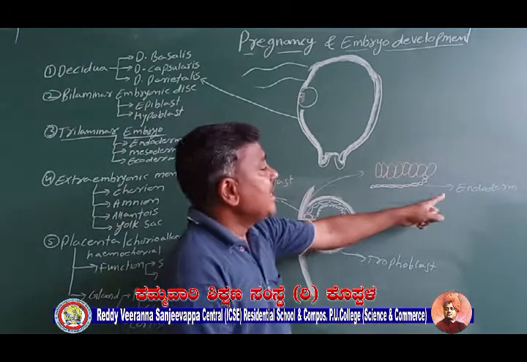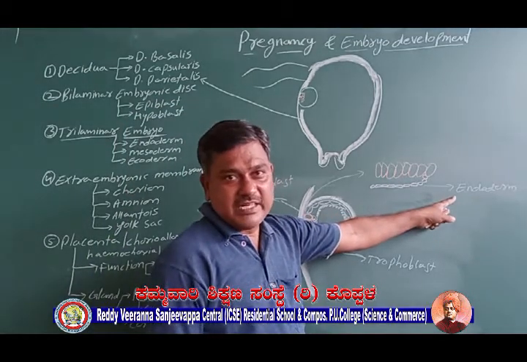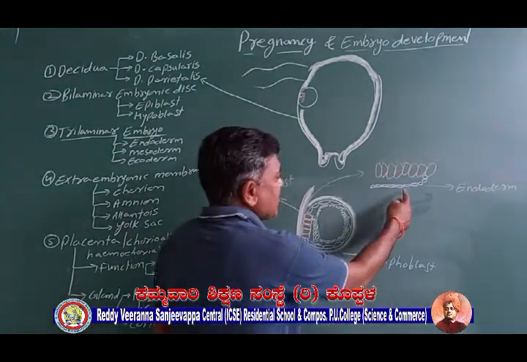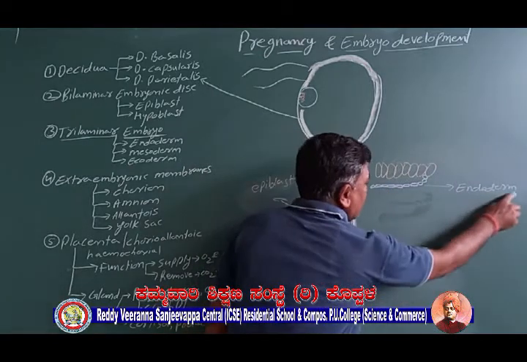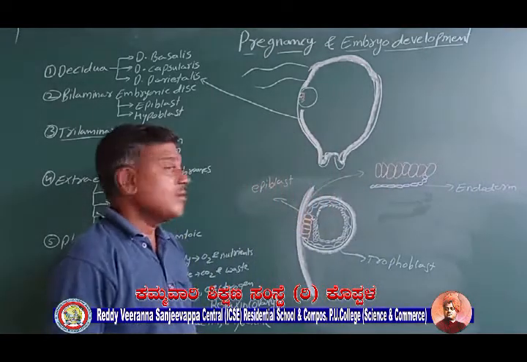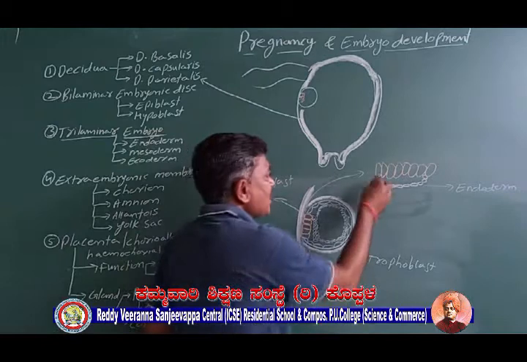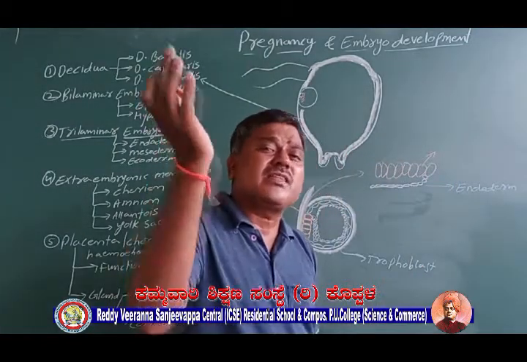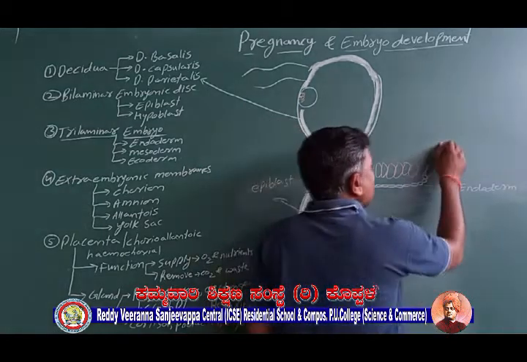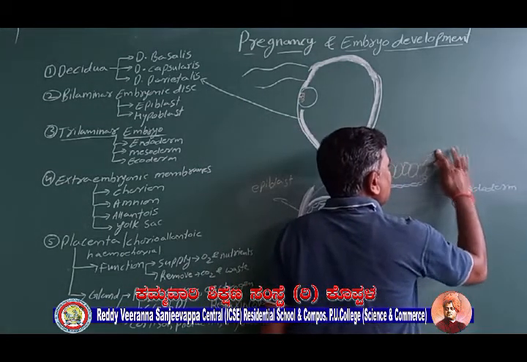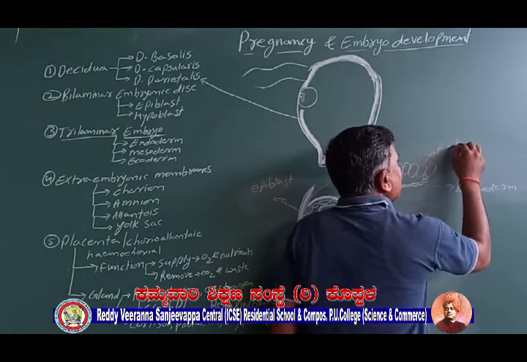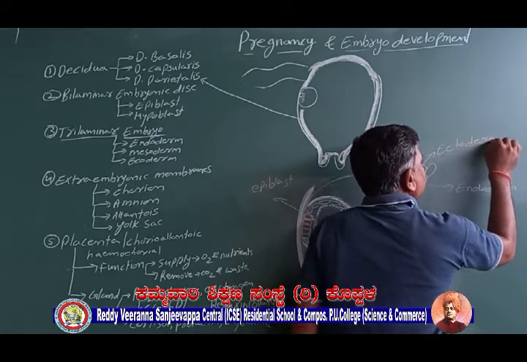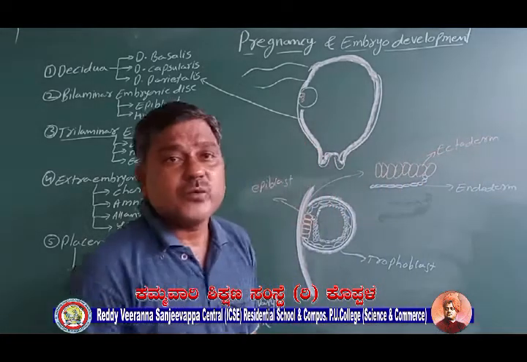Answer should be endoderm. Clear? Now, the remaining epiblast cells themselves act as the second germ layer, that is called ectoderm.